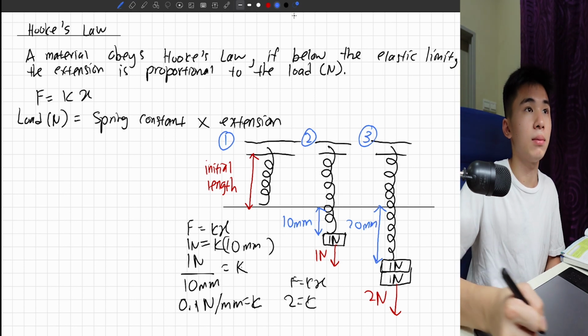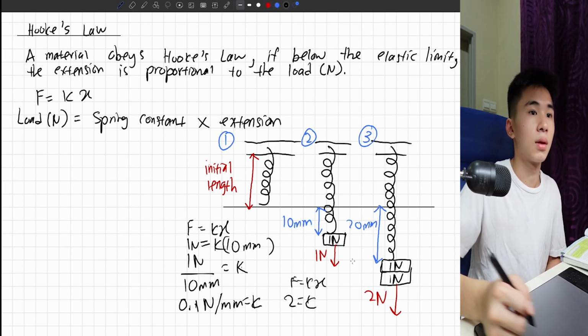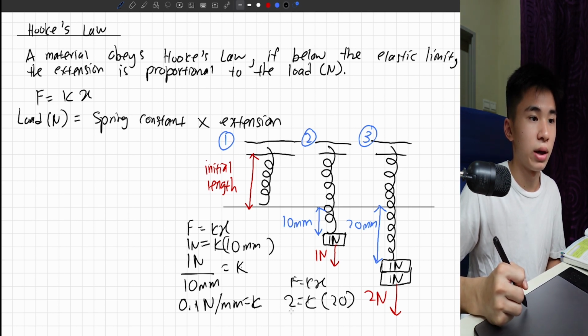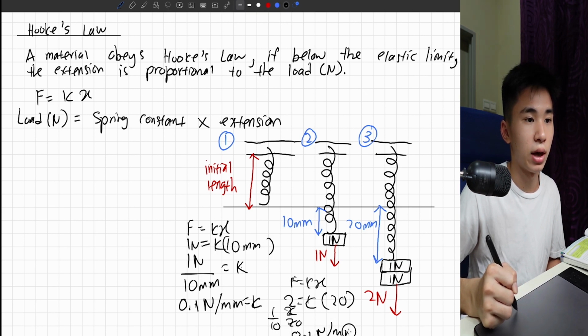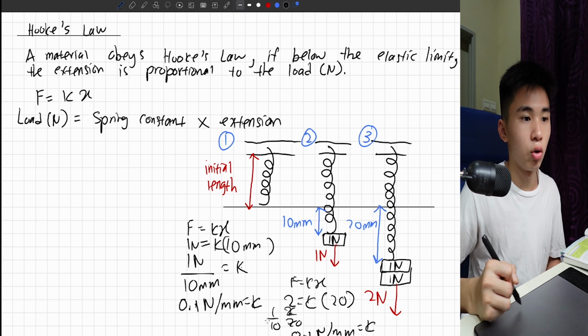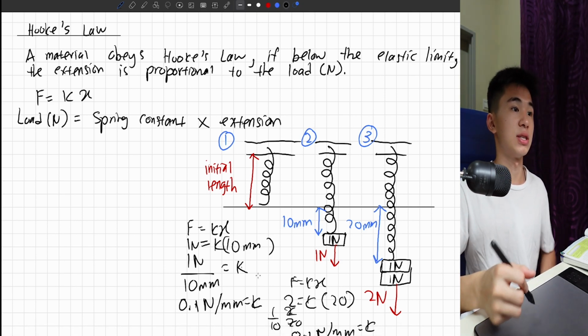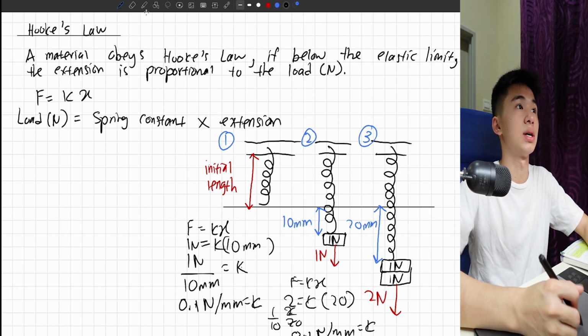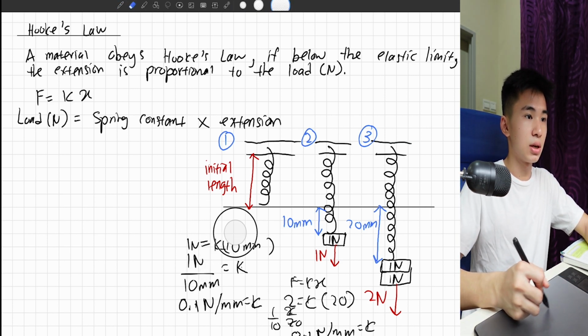And 2 divided by 20, it's 1 over 10, so 0.1. Okay, so it is the same constant, the same material, the same spring, in this result.